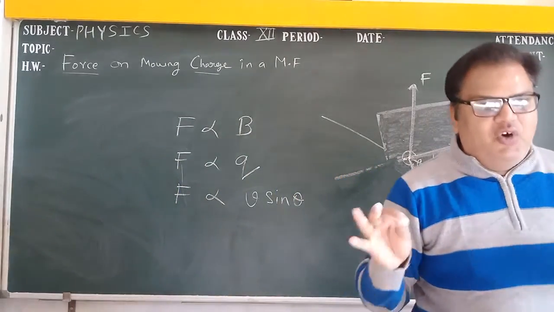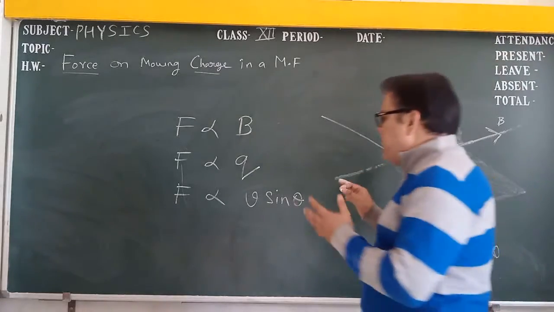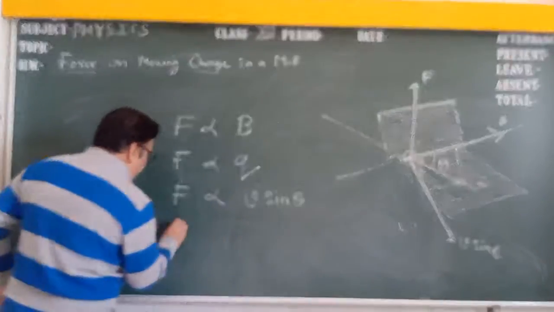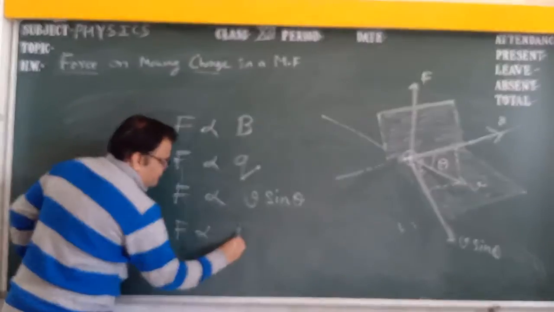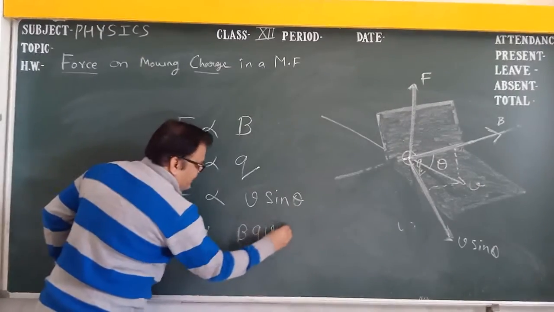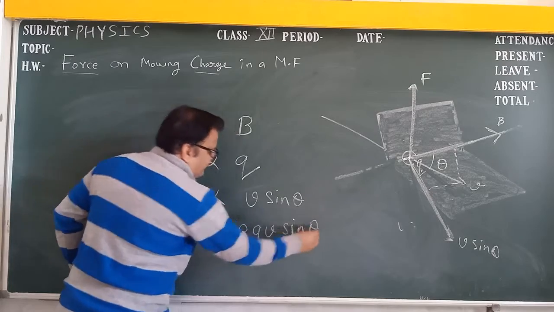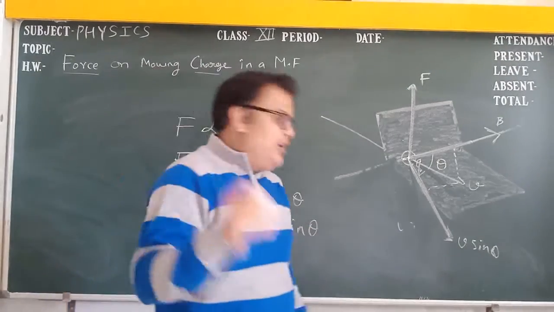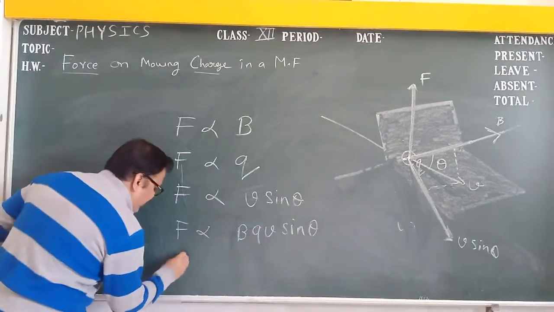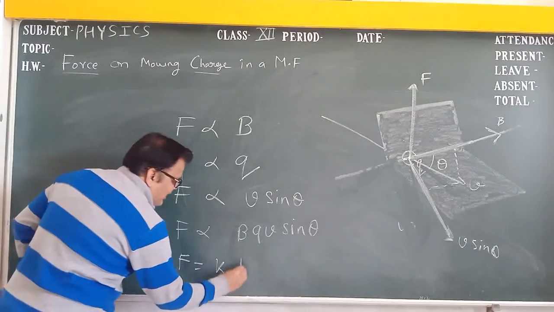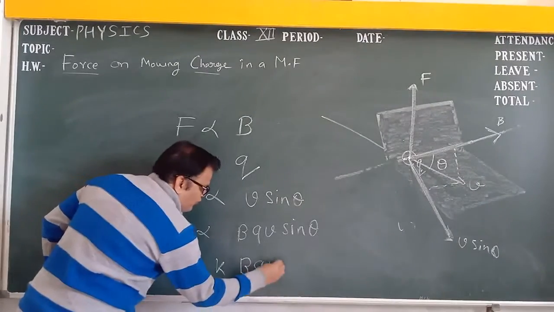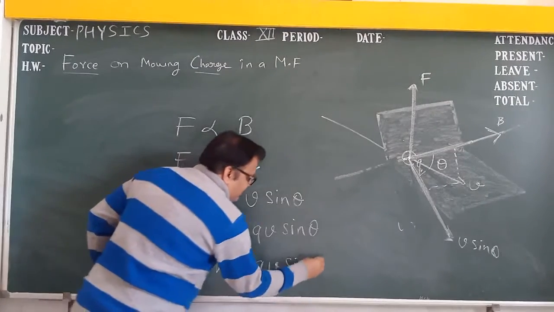From all this we can say that F is directly proportional to B Q V sin theta. Removing the proportionality sign, F equals K B Q V sin theta.